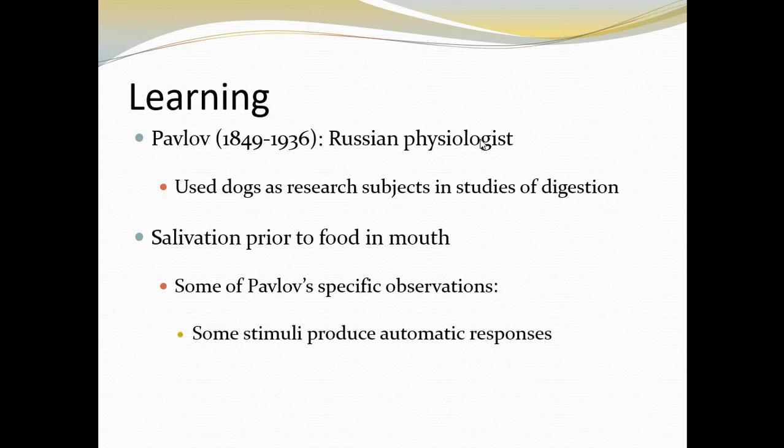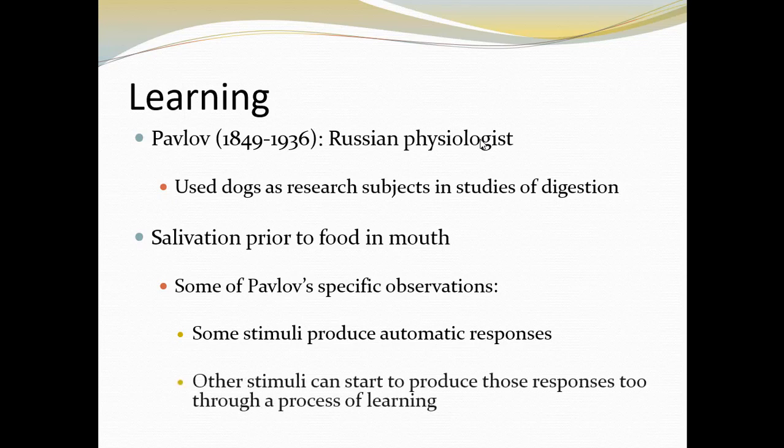He noticed that there were some stimuli that produced automatic responses naturally. It was almost reflexive: if this particular stimulus is in the environment, it's going to elicit this particular response. And there's no need to learn those connections, right? It's natural, it happens, it occurs.